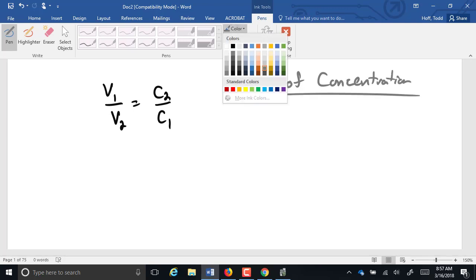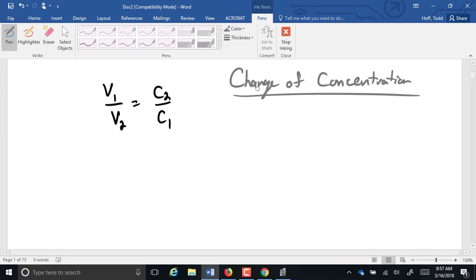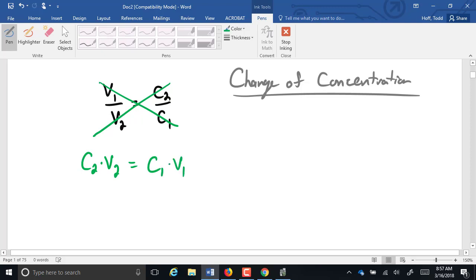We're just cross multiplying this proportion. On this diagonal, we have V2 and C2, so that's C2 times V2. And on this diagonal, we have concentration 1 times volume 1. Now we typically write that formula the other way around: C1 times V1 equals C2 times V2.